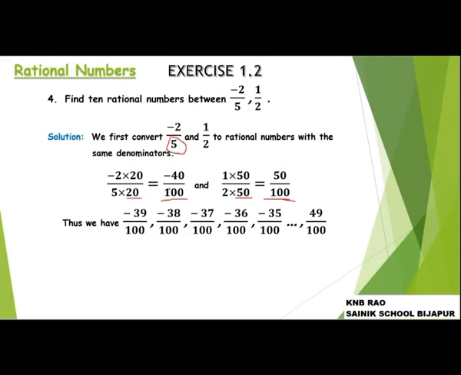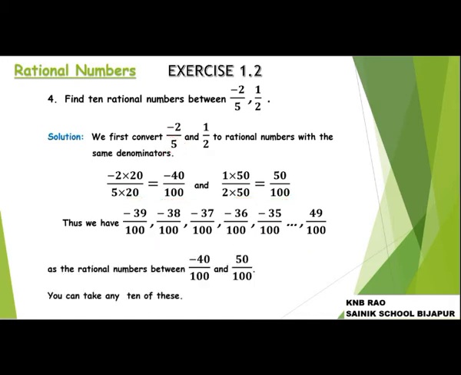Now between minus 40 by 100 and 50 by 100, so many rational numbers are there which you can list, such as minus 39 by 100, minus 38 by 100, minus 37 by 100, and so on up to 49 by 100. Now we can choose any 10 out of them and write. Okay, so choose any 10 of these.